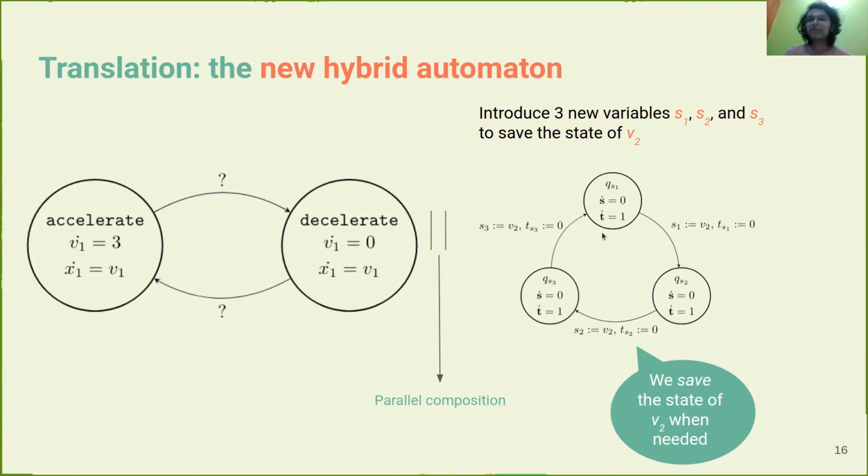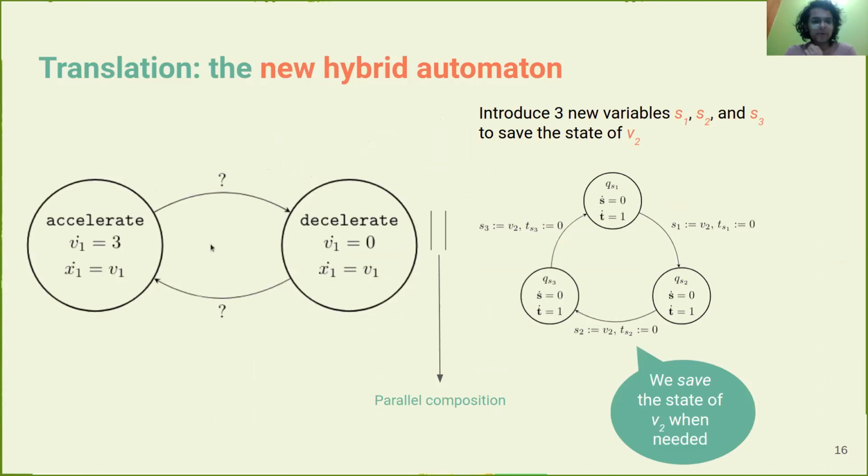Now, if we have the saved values of V2 from the past, then we can account for the delays on the observation of the state of V2.